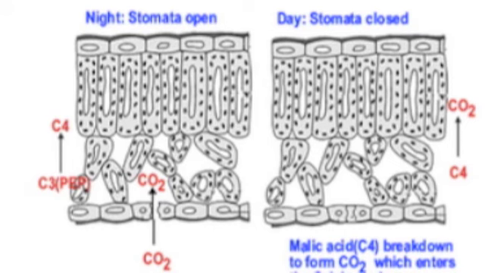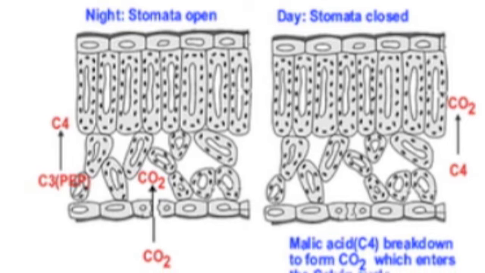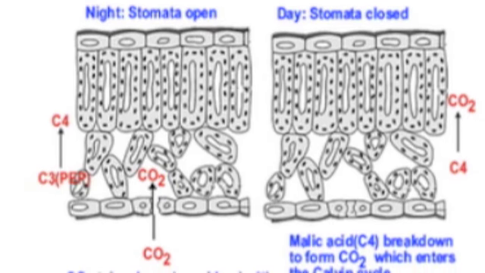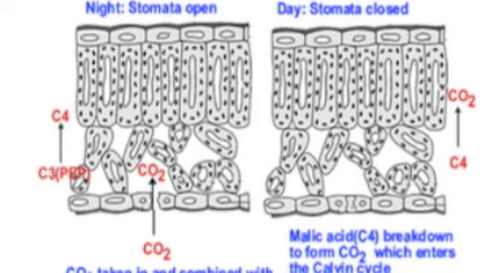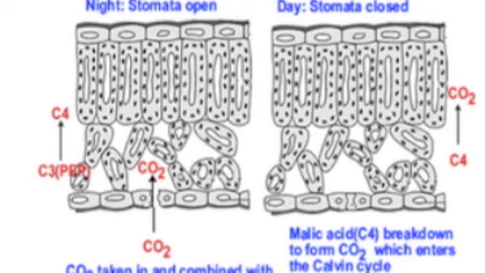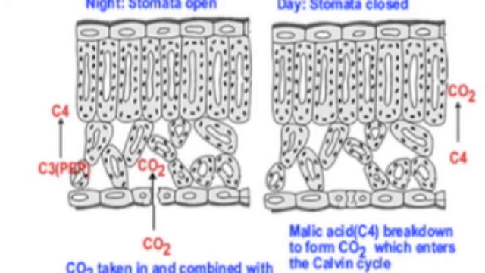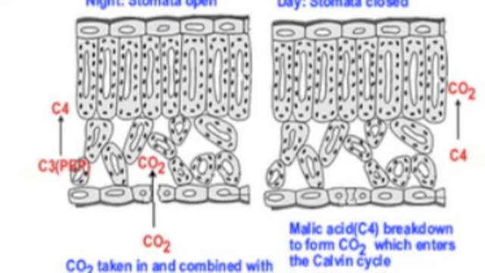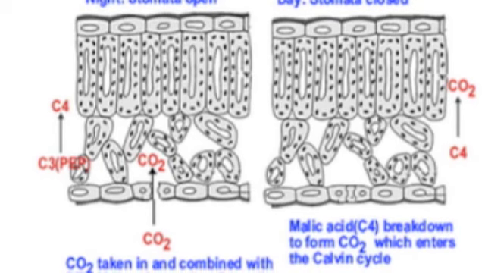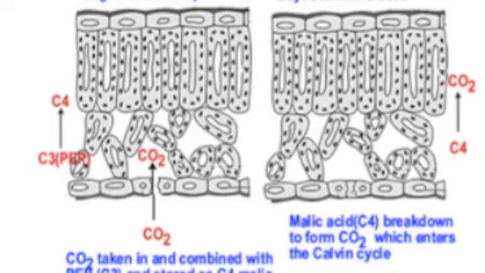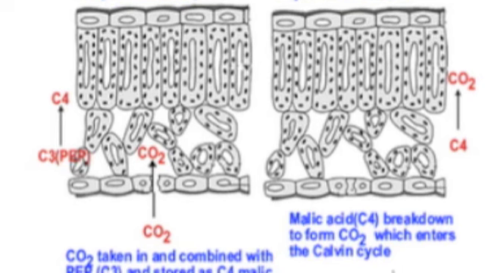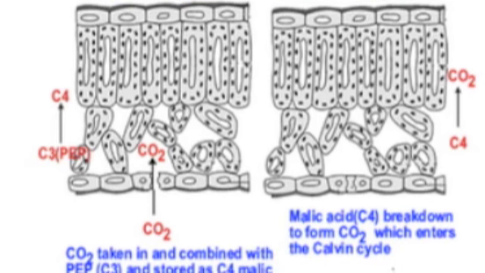CAM and C4. CAM, crassulacean acid metabolism. CAM plants reduce water loss by opening pores at night and closing them during the day. This is a time-based alteration of biochemistry. At night, carbon dioxide is combined with phosphoenol pyruvic acid, C3, to form oxaloacetic acid, C4.